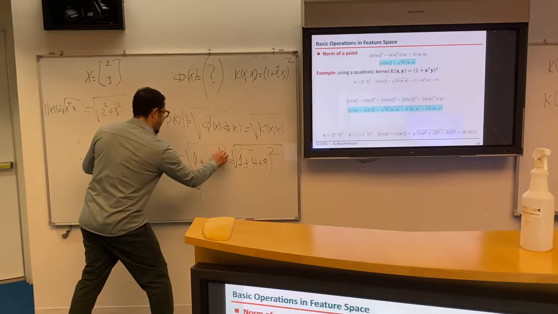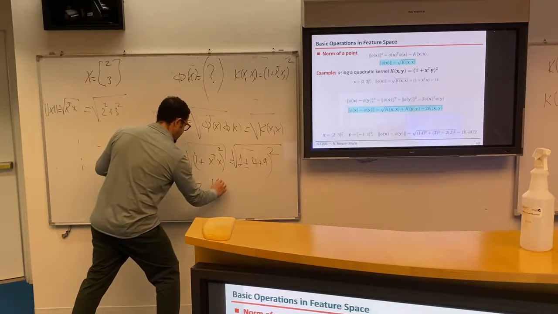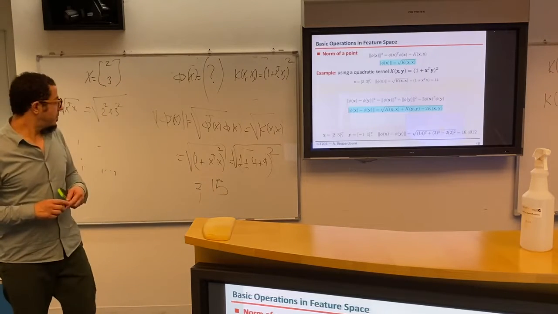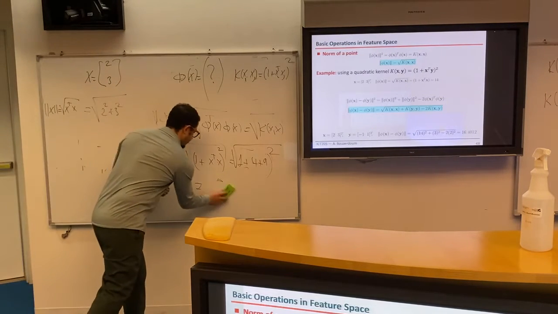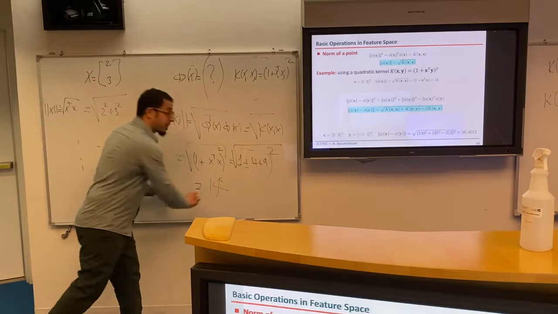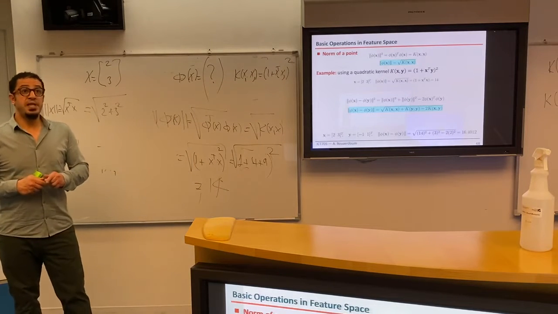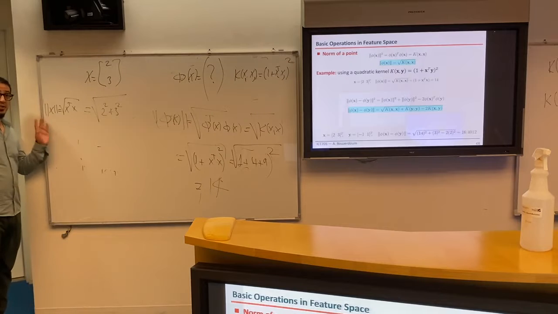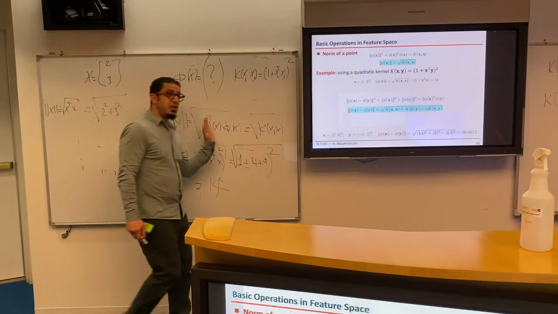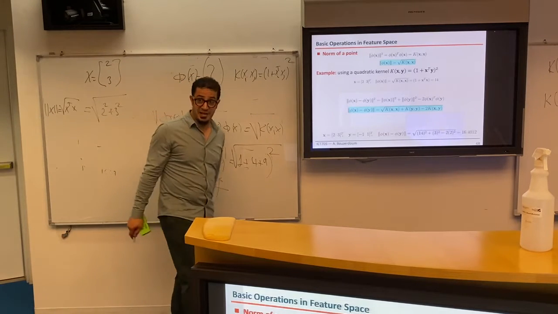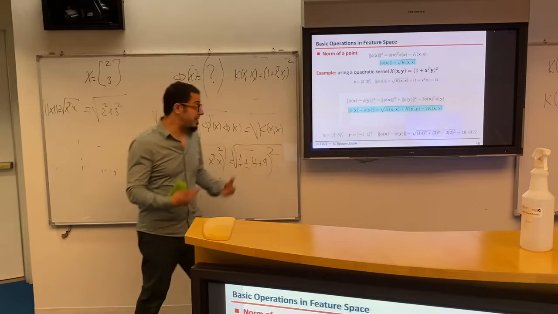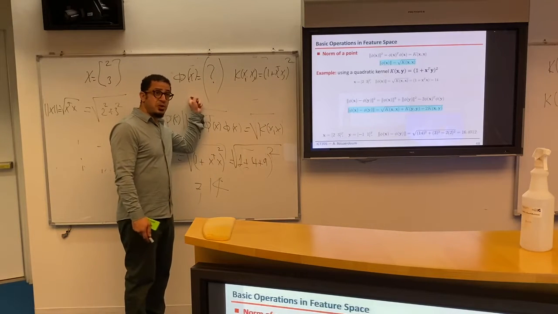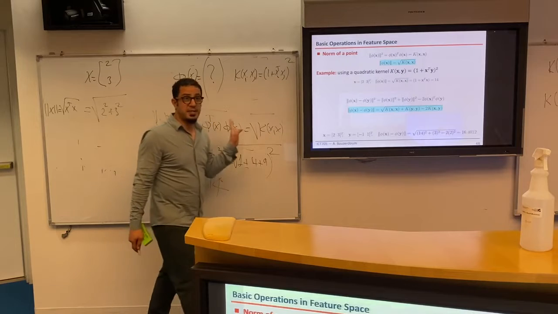Sorry, because here there is a square, I forgot it. So it will be 15 or 14, no 14. Clear? So please, when we take the norm in x, it's direct. When you take the norm in the new space, it is the kernel. Why do we use the kernel? Because sometimes it's difficult to get the new space explicitly. As simple as that. Clear?